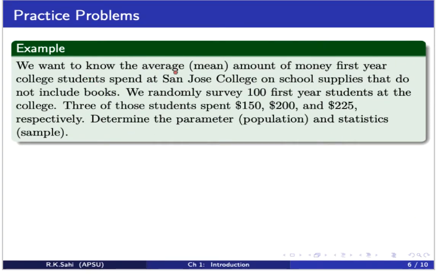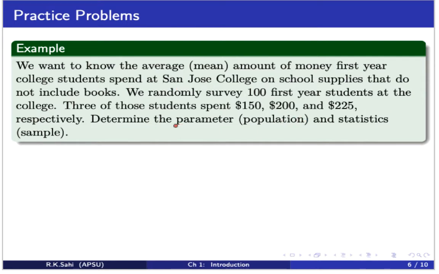Now, suppose you want to know the average or mean amount of money first-year college students spend at San Jose College on school supplies, which does not include books. Randomly, 100 first-year students at the college were selected, and 3 of those students spent $150, $200, and $225 respectively.